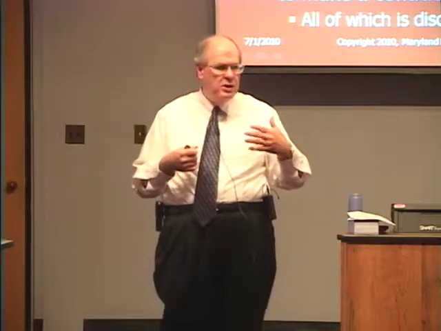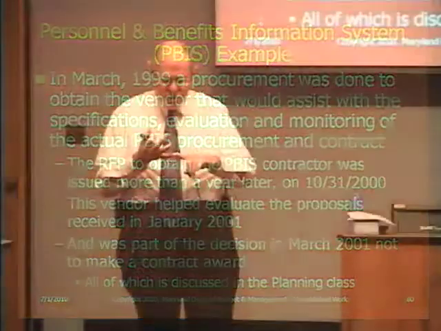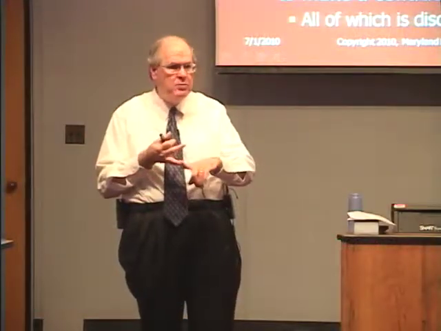The vendor would identify all the in-place IT systems for this activity, then come up with recommendations for what a new statewide personnel benefits information system was to look like. The vendor was to do the survey, the analysis, and the recommendations.